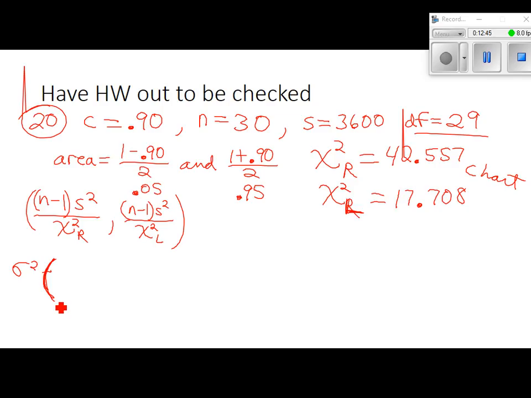You could just punch 29 into your calculator. 29 times 3600 squared divided by 42.557. What do you come up with?